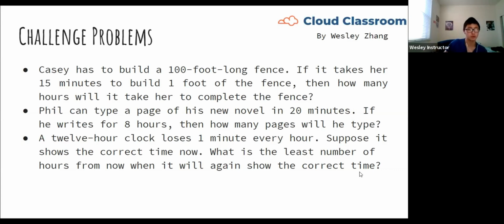So that's one rate we need to use. And there's 720 minutes in 12 hours. We know the clock loses 1 minute every hour, but we need it to lose 720 minutes. So that means it will take 720 hours to lose 12 hours.